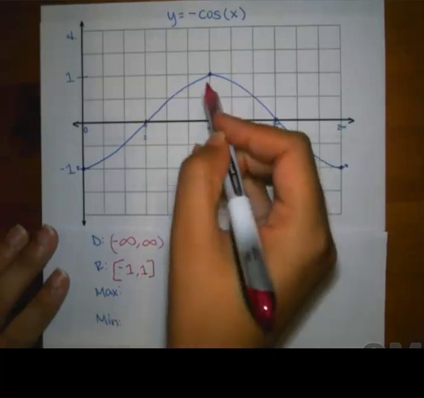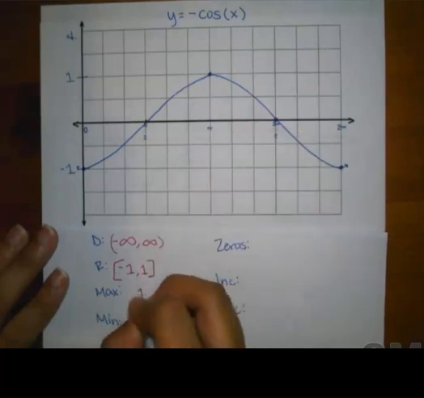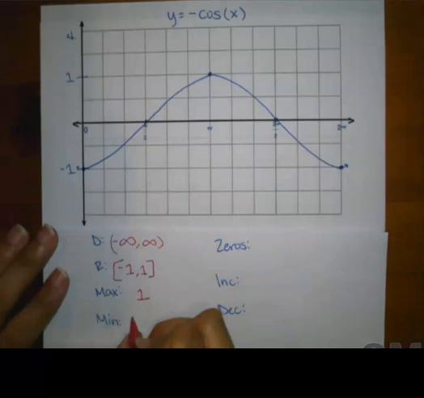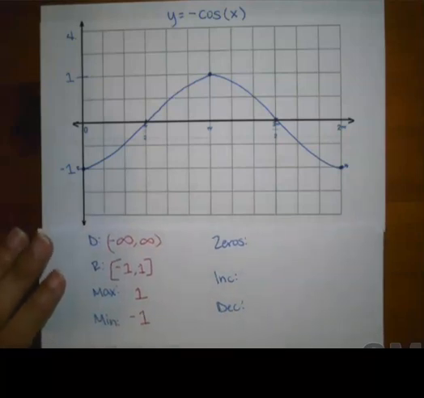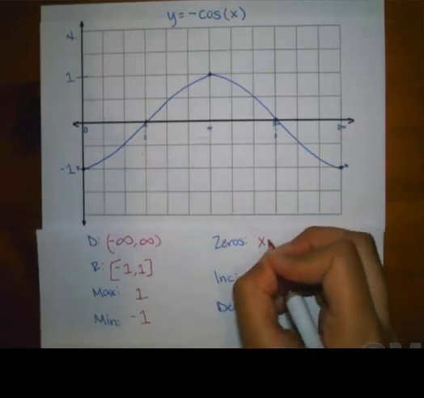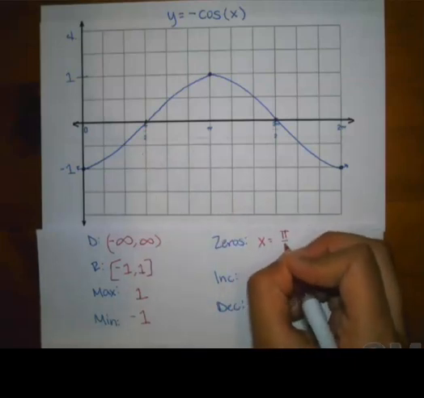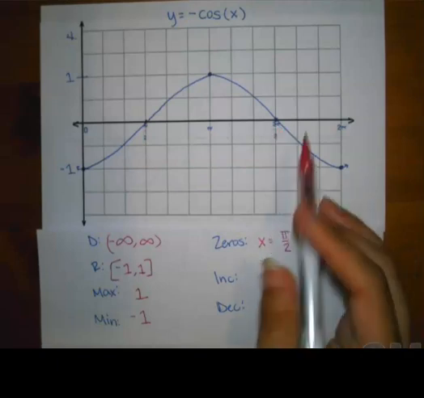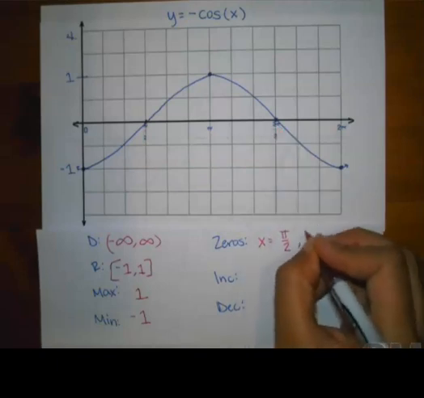Our maximum is 1. And our minimum is -1. So those values have not changed from our parent function. Our zeros are pi over 2. And on this graph we see another one at 3 pi over 2.